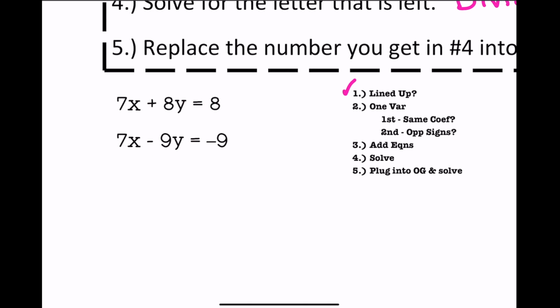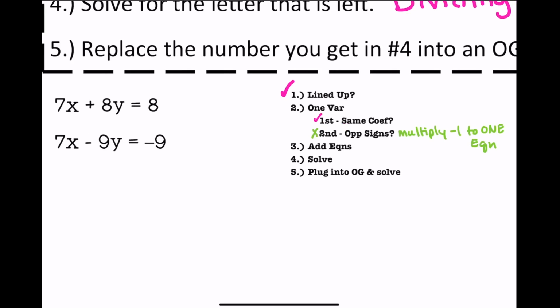Does one of the letters have the same coefficient? Yes, our x's here have the same coefficient. That's good. But they do not have opposite signs. They're both positive 7x.